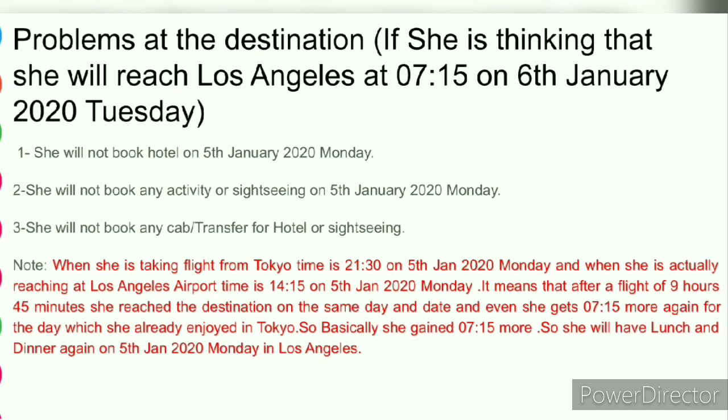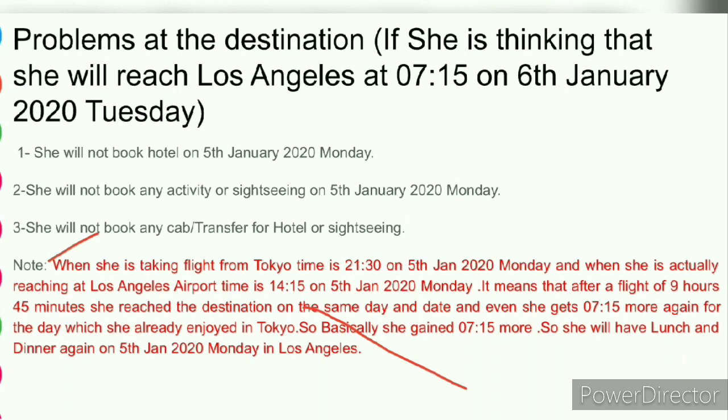Now the most important thing, note, we can see the note here. When she is taking the flight from Tokyo, the departure time was 21 hours 30 minutes on 5th January 2020 on Monday. And when she actually reaches the destination, she reaches at 14 hours 15 minutes on 5th January 2020.